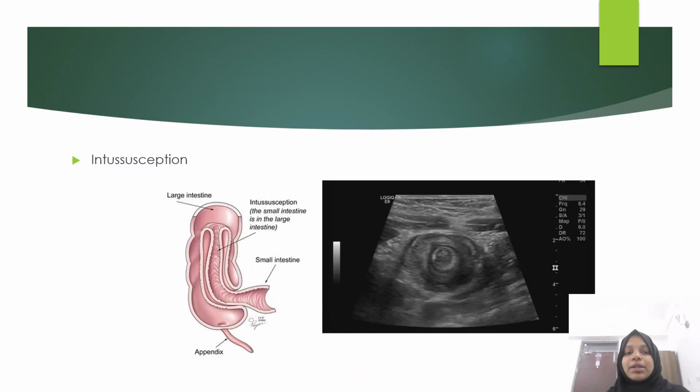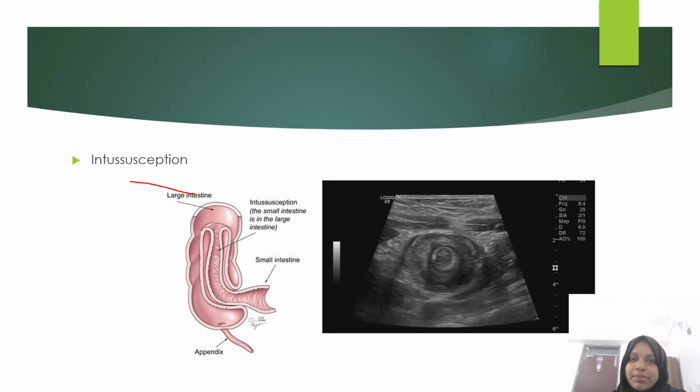What is intussusception? Intussusception is where one loop of the bowel is telescoping into another part of the bowel. Usually the small intestine is telescoping into the large intestine. There are two parts: the one which is receiving is called the intussuscipiens, and the part of the bowel which is looping into it is called the intussusceptum.